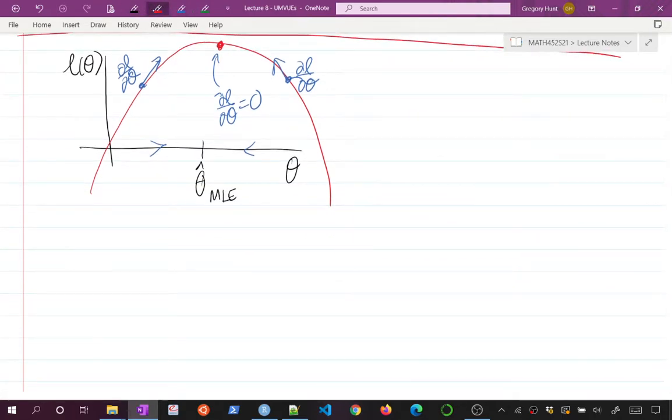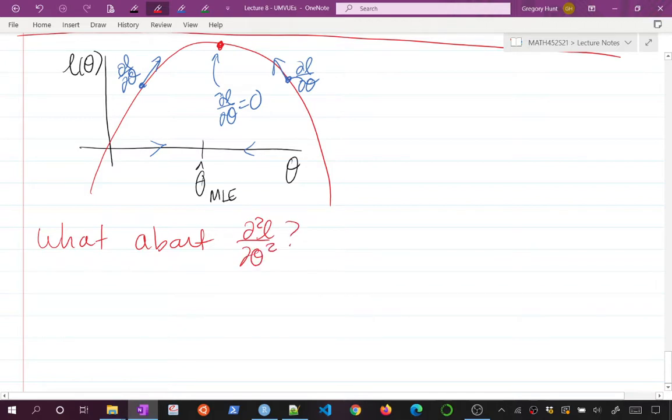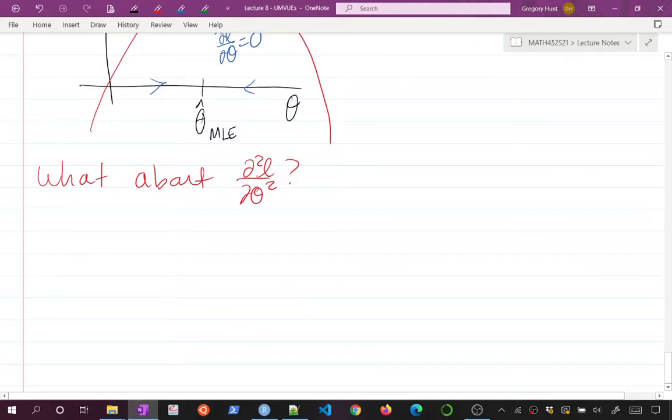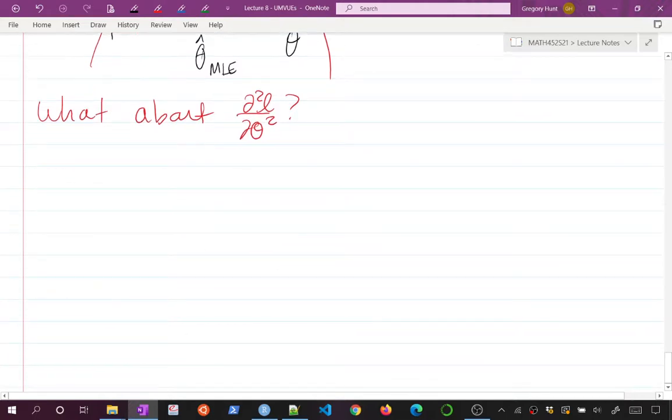What about the second derivative? d squared L d theta squared. So consider two different possibilities. Here are my two possibilities.